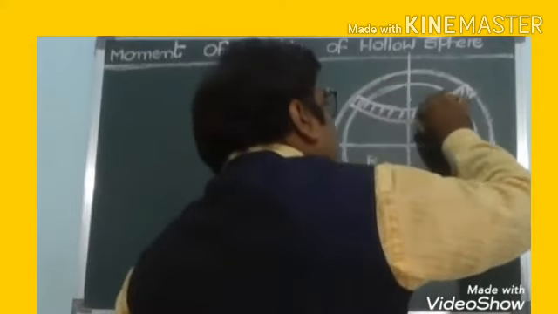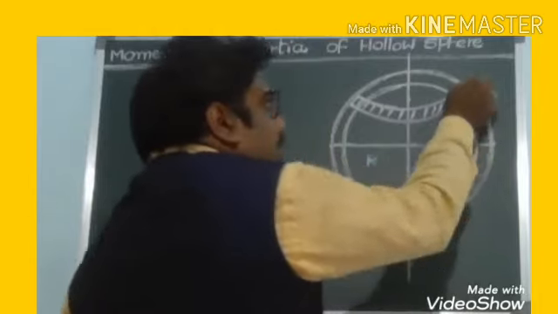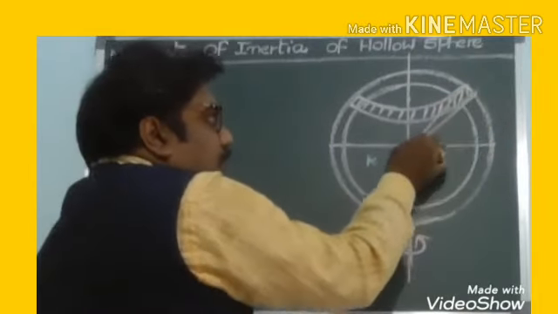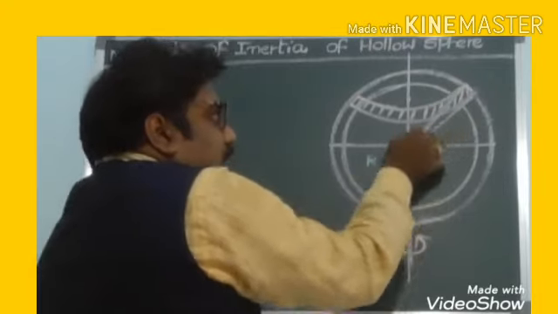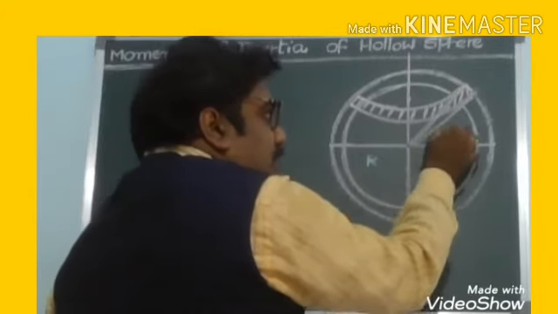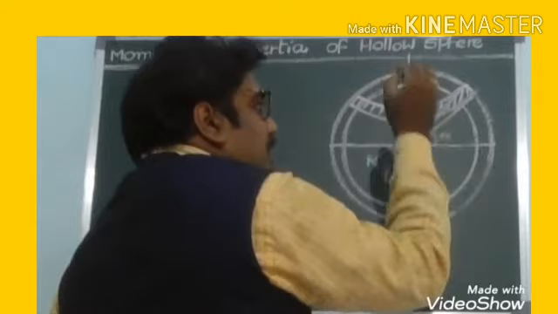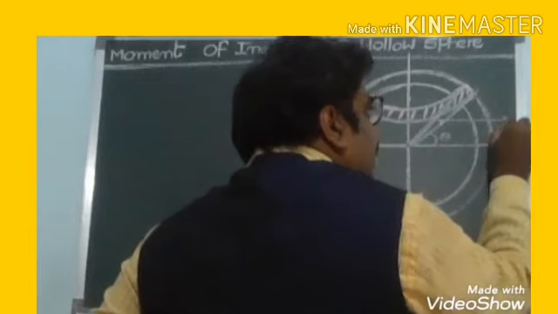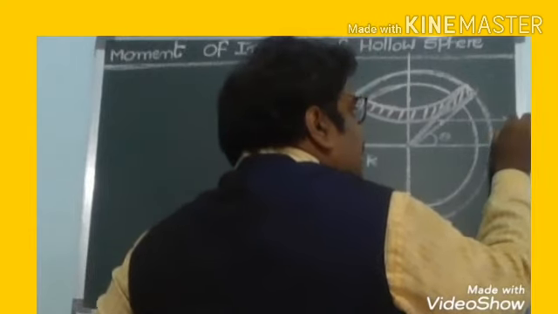It is the unit shell of spherical ring having the thickness, this is the theta. Let us say this is d theta, of course, angular displacement.